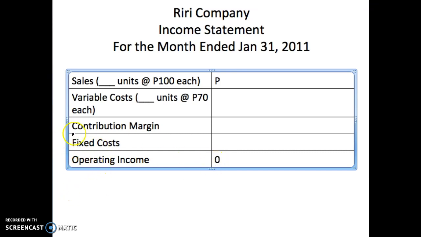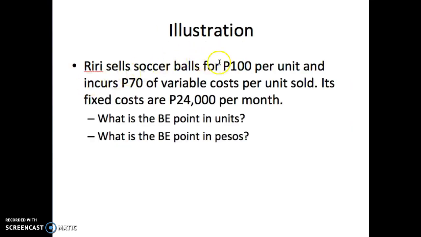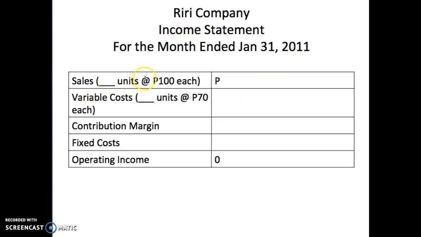Now, what we can do is we can plug in the given items. So what we know is that the selling price per unit is 100 pesos. So that can be reflected here. We don't know the number of units yet, but we know that each unit was sold for 100 pesos each.